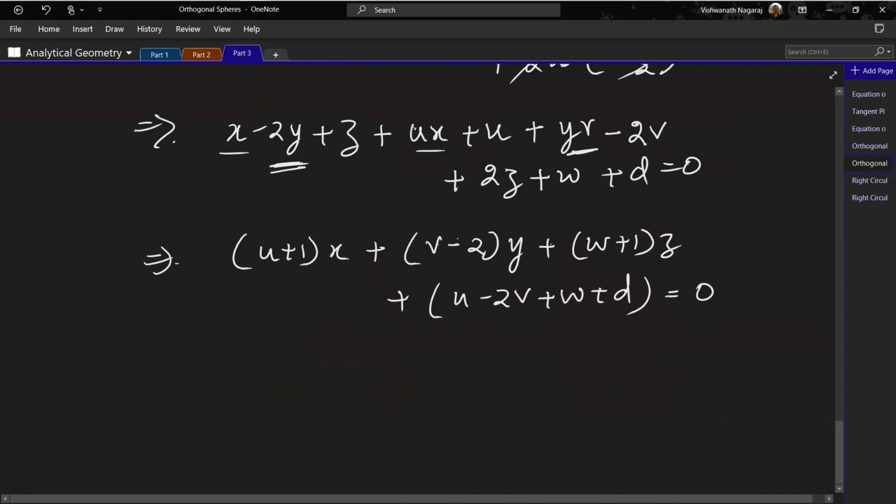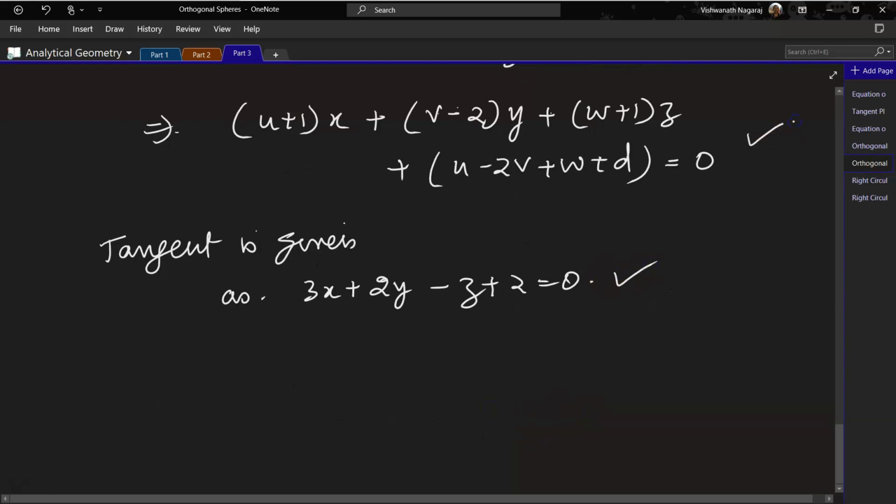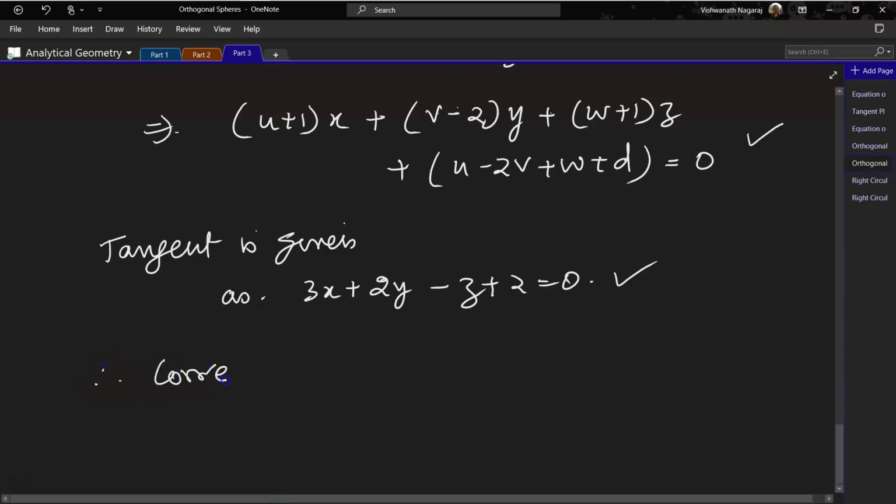But remember the tangent is given as 3x plus 2y minus z plus 2 equal to 0. So that means this and this are the same. Therefore, corresponding coefficients are proportional.